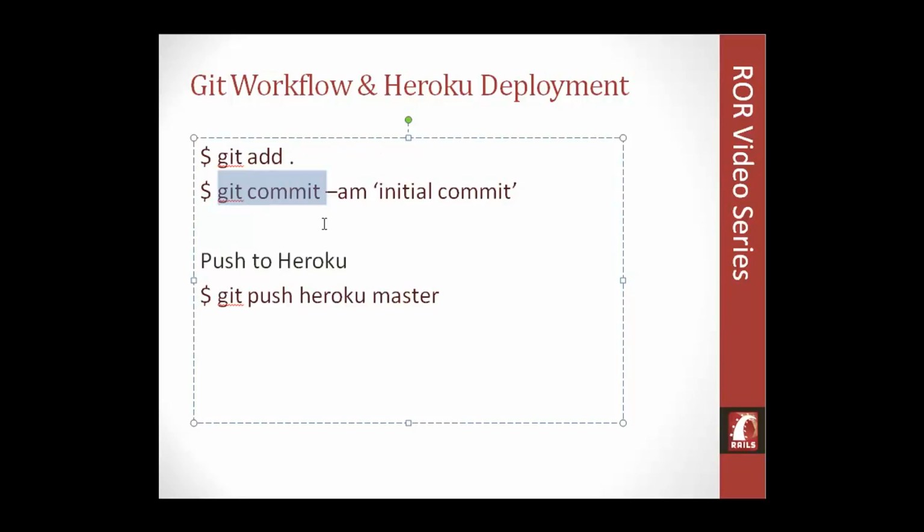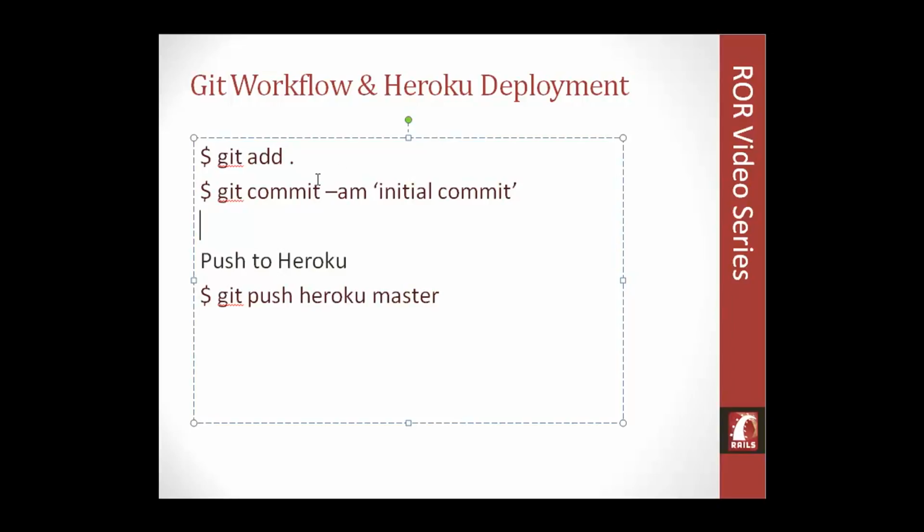All right, so use the git commit, and this AM just means, the M means that it's not going to take you to a third screen to add your comment. You can just add it here. And the A is for, say you deleted a file. If you didn't have this A here and you committed it, it wouldn't sync with it. It wouldn't delete the file on the server.